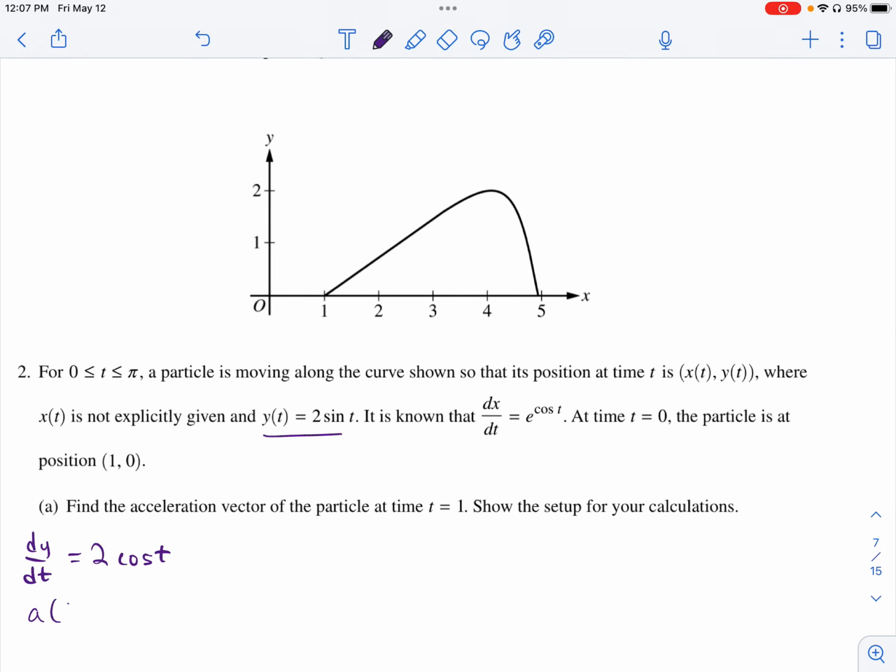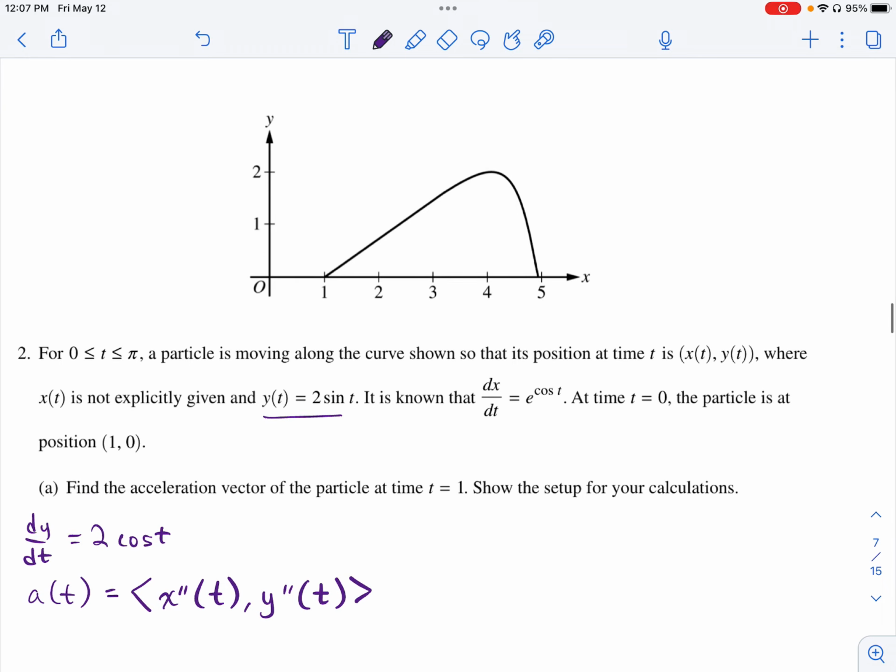And a of t is going to be equal to, and we're going to write this in vector notation, x double prime of t, or the second derivative of x, and y double prime of t. Remember that the acceleration is the derivative of velocity, or the rate at which velocity is changing. So since velocity is the first derivative, we're going to need the second derivative here.